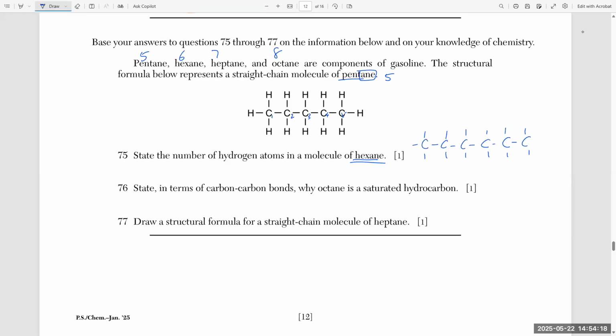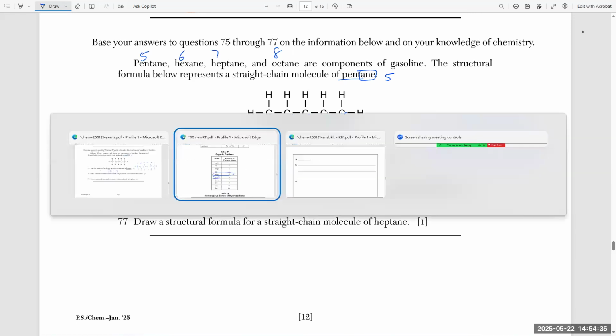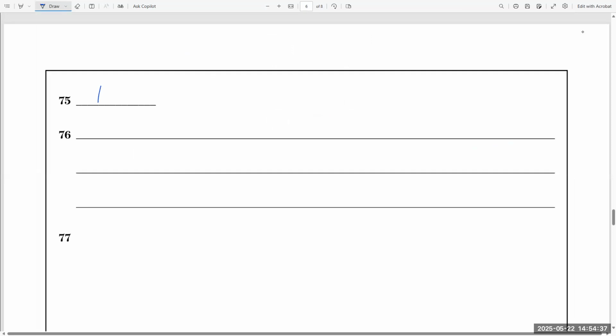So if that's the case, what do we get? You get 1, 2, 3, 4, 5, 6, 7, 8, 9, 10, 11, 12, 13, 14 places where hydrogens can attach. So therefore, it'd be 14 hydrogens. Let's go write that in. So 14 is your answer.